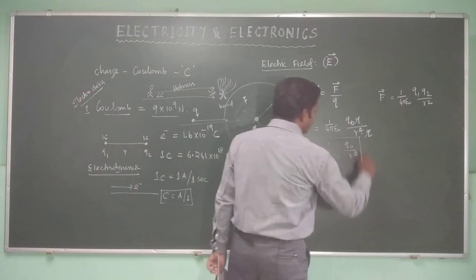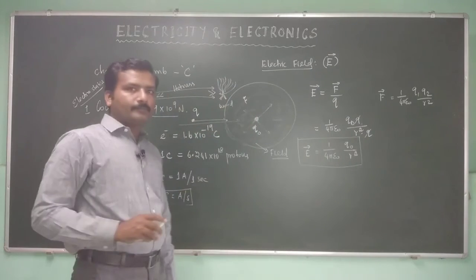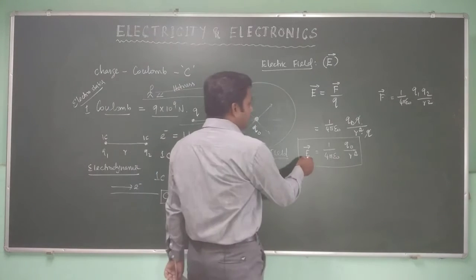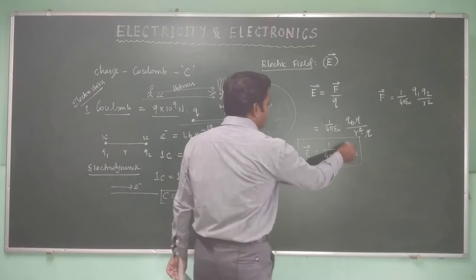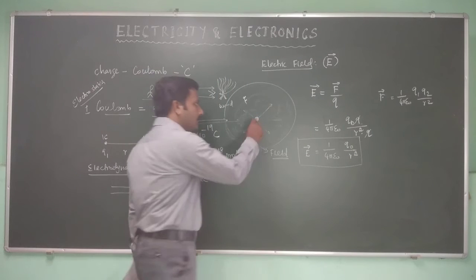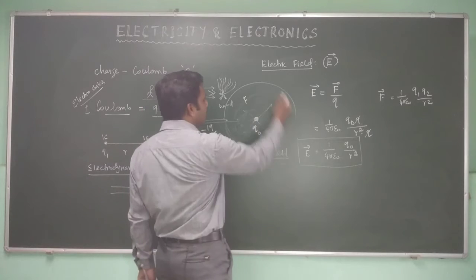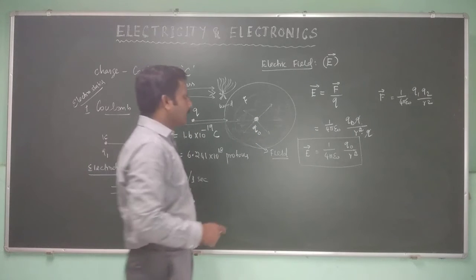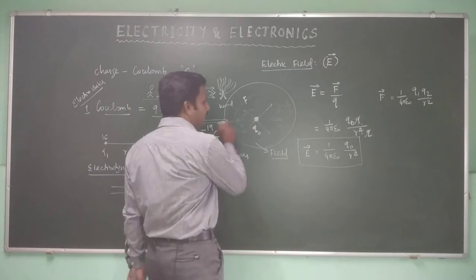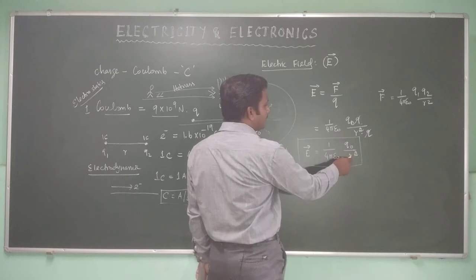What does this formula tell us now? This field E depends upon the charge Q naught. If the stationary charge is high, then the field will be high. And this field will decrease when you increase the distance.